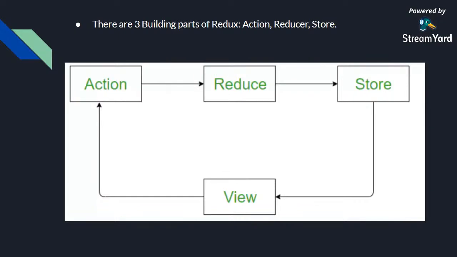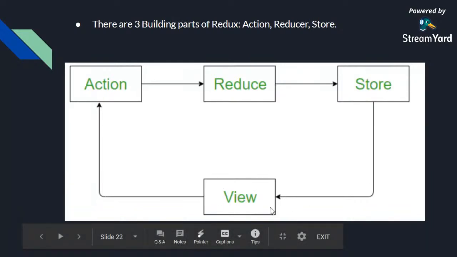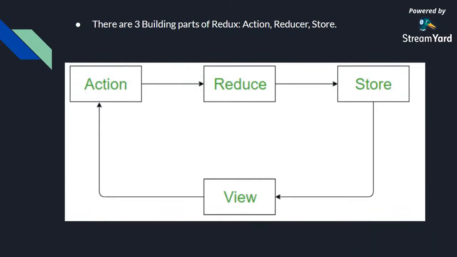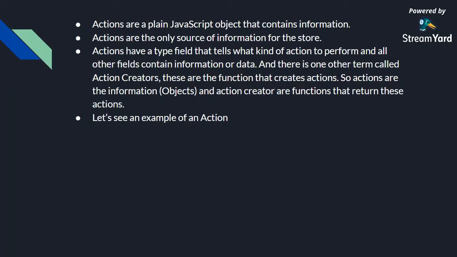It sounds like a big hassle, but it is designed to keep a clean flow of how the state is updated. The store will then notify the view that its value has changed, and you will see the change on the UI.